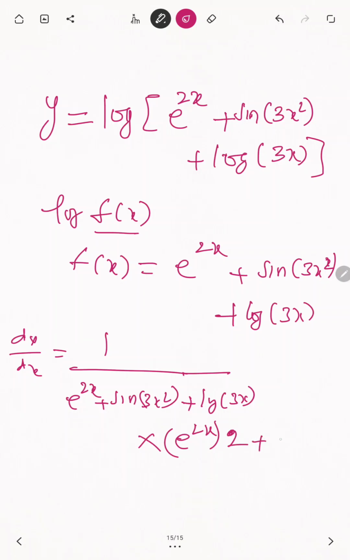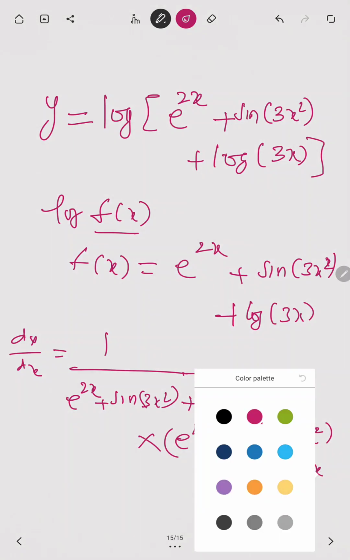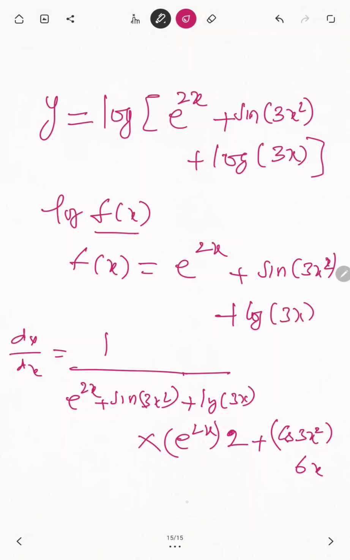Sin of 3x square is what? Cos 3x square into 6x, plus log of 3x is what? 1 by 3x into 3. So all of this is the numerator part.